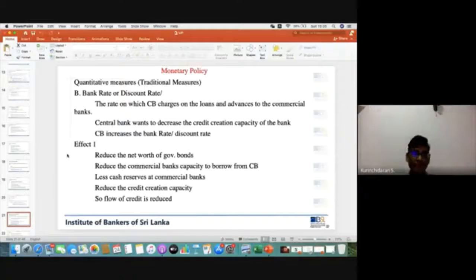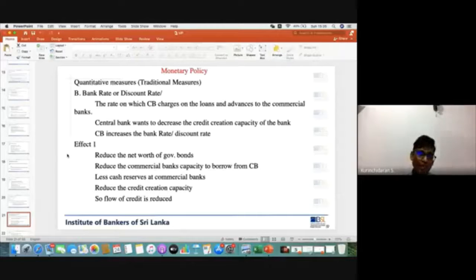So the central bank decreases the interest rate. Then banks can come and get more loans from the central bank, and their credit creation capacity would increase. If the central bank increases the bank rate, then it's very costly for the banks to borrow from the central bank. Then they don't borrow. So in other words, they don't create more credit, right?